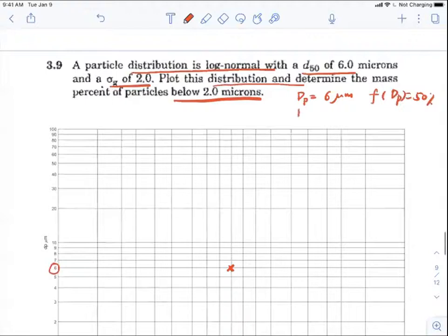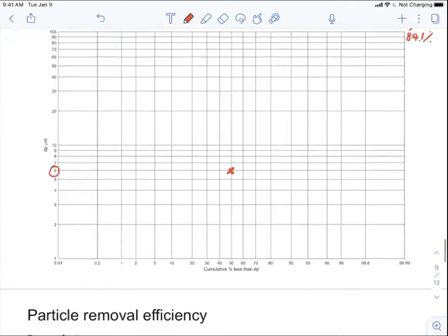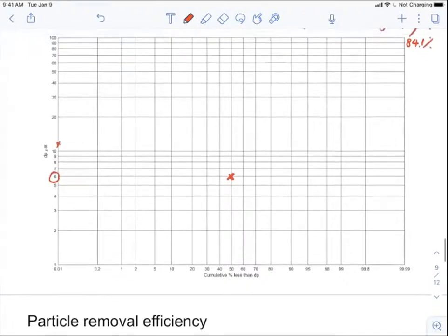And then when dp is equal to 6 multiplied by 2, right? So basically dpg multiplied by sigma g, that's going to be 12 micrometers. And for this size, it's going to have the percentage of 84.1%, okay? So we can just find 12 micrometers, and then 84.1, that's going to be here, okay?